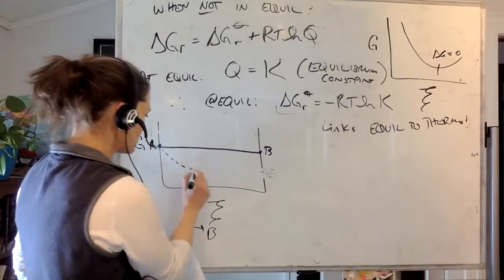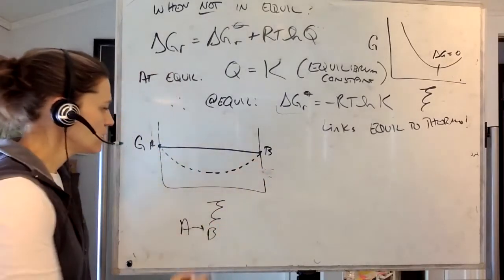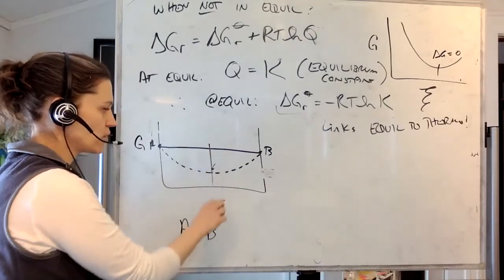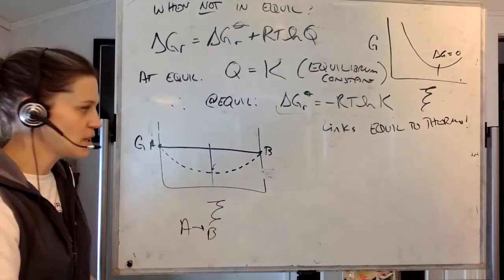However, there should be a minimum here, and that minimum is going to tell you where equilibrium lies between A going into B.